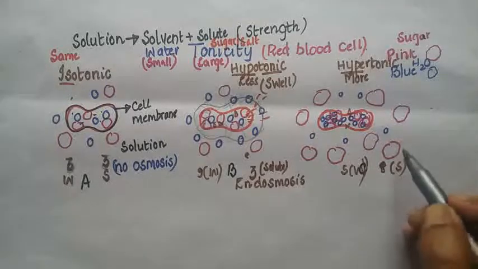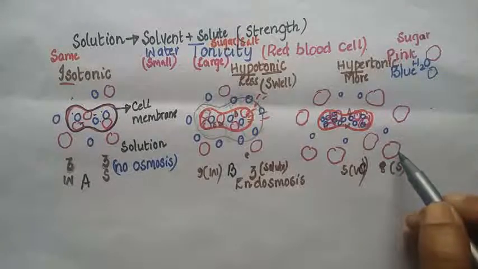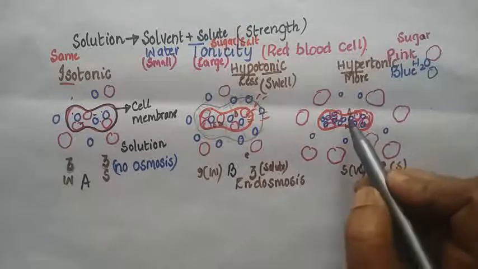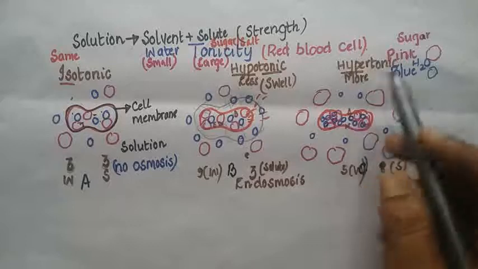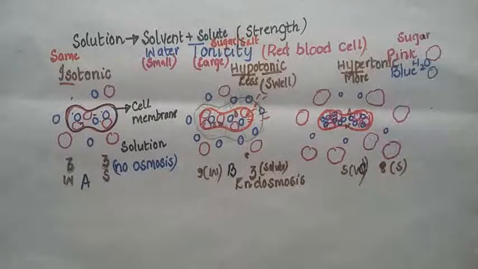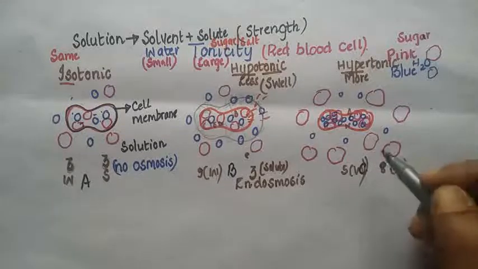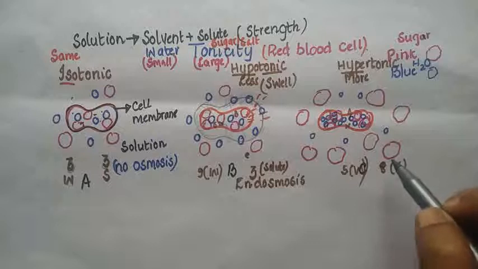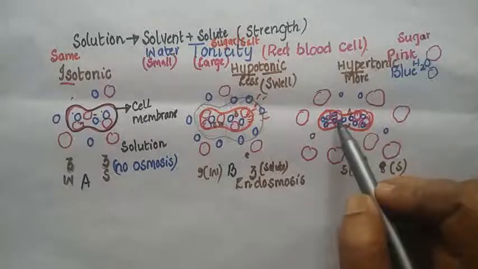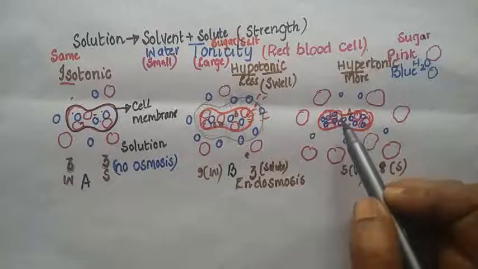Why? Because the solute concentration is more compared to the fluids inside the cell. Right? So how do we define the word hypertonic solution? It's a solution in which the concentration of solutes is more than the fluids inside the cell, that is, the cell sap.